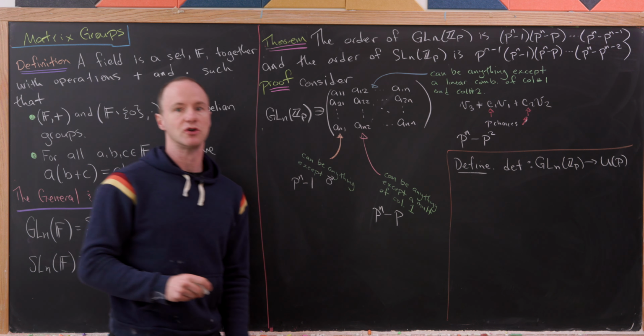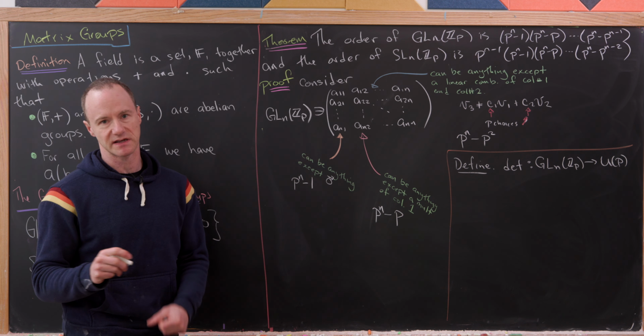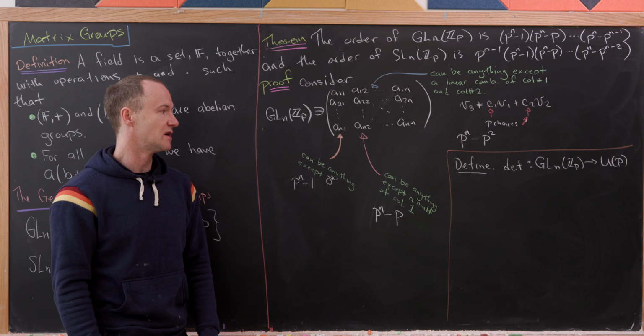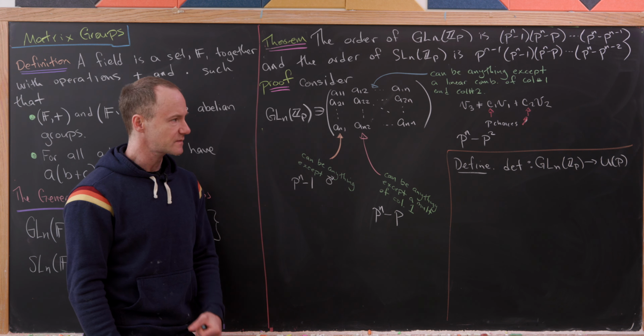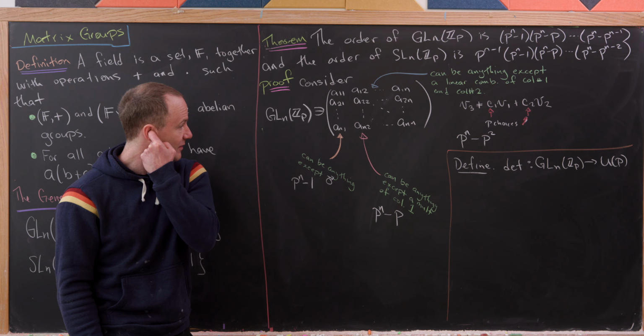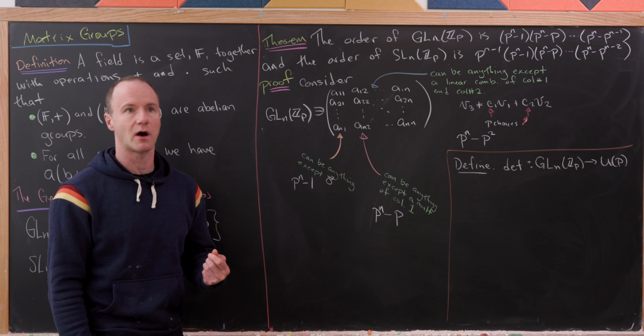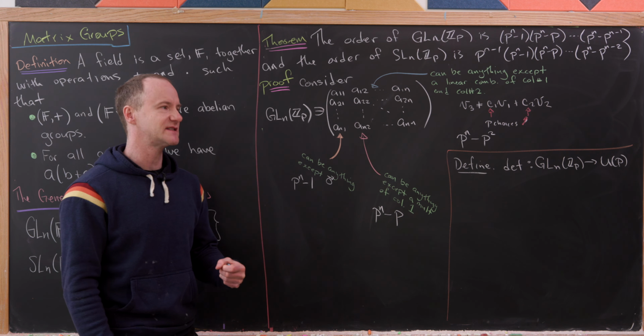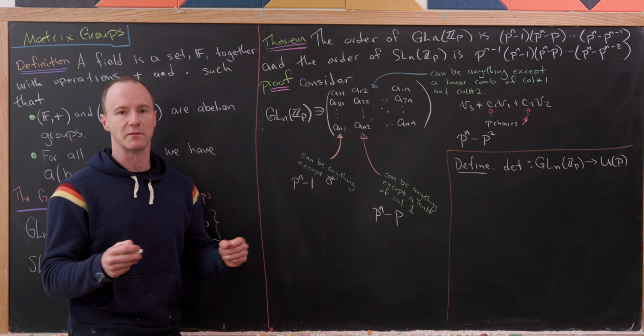So that's the group of units mod p. So that's going to be 1, 2, 3, up to p minus 1, where multiplication is modulo p. And we know it goes into U_p and not Z_p because we know the determinant is non-zero given that we are in GL_n(Z_p).